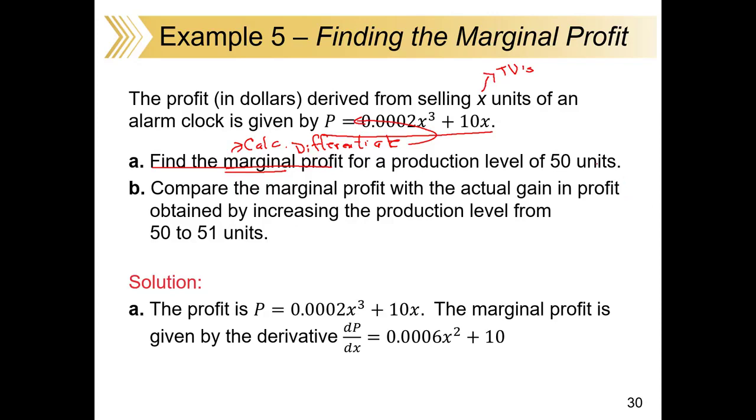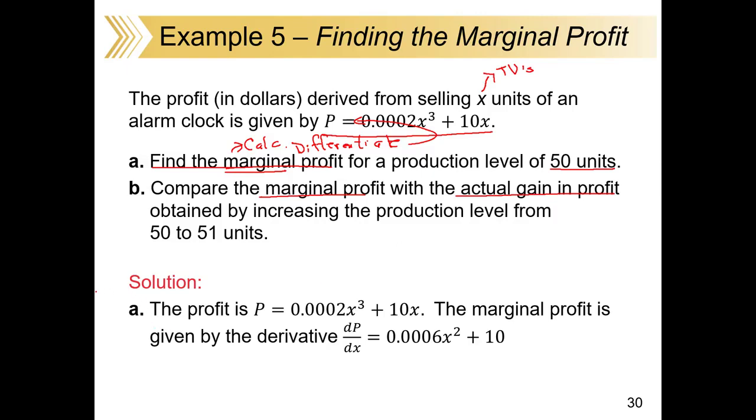After you do it, then you're going to put 50 units in for the differentiated function. Then you're going to compare the marginal profit with the actual gain in profit. They aren't exactly the same, as you'll see.